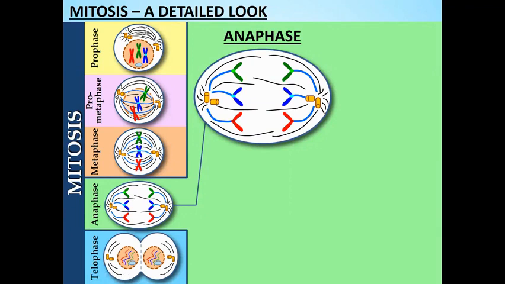So let's do a really quick recap. Don't forget, the first part of cell division is the interphase, which is the longest time period of the cell division. And it consists of the G1, the S, and the G2. And that's where we start to see the duplication of the chromosomes.